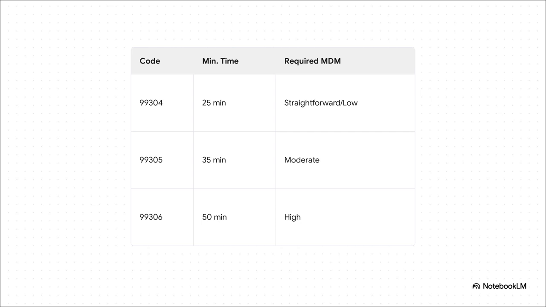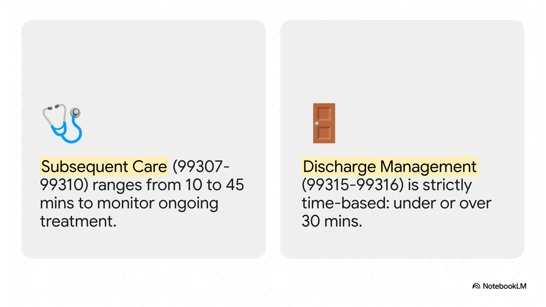Now here is an absolutely critical compliance rule you cannot miss. Under CMS regulations, the mandatory initial comprehensive visit in a SNF must be performed personally by a physician. Even if an NPP or another qualified healthcare professional does prior assessments, the physician has to do that mandated initial visit. Once that initial visit is done and the patient is established, you move to subsequent care.